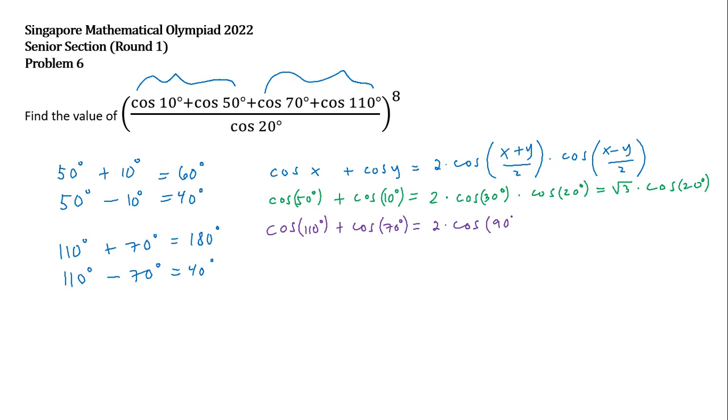So 90 degrees times cosine of 110 minus 70 over 2, that is 20 degrees. Okay, next. We know that cosine 90 degrees is 0, so the entire thing is 0, right? 2 times 0 times cosine 20 degrees, that is 0.